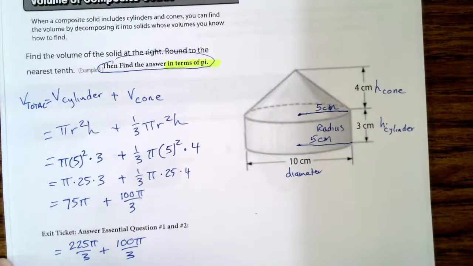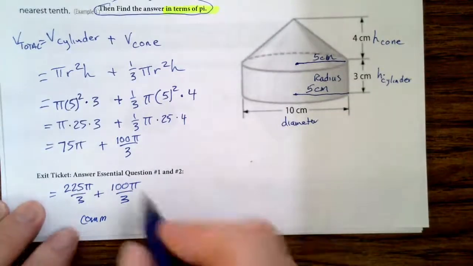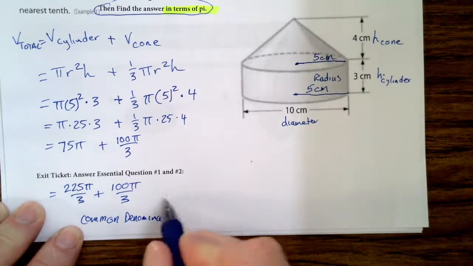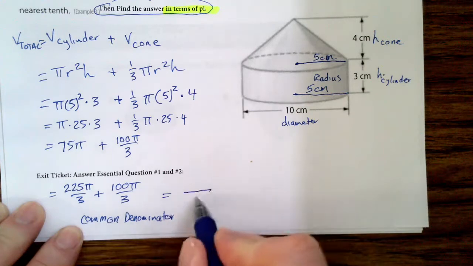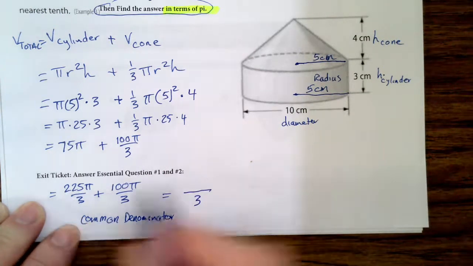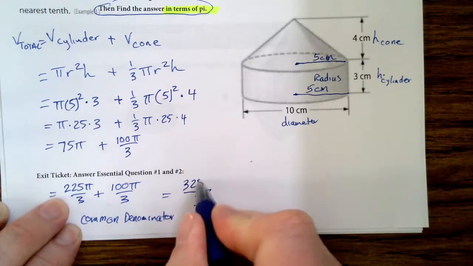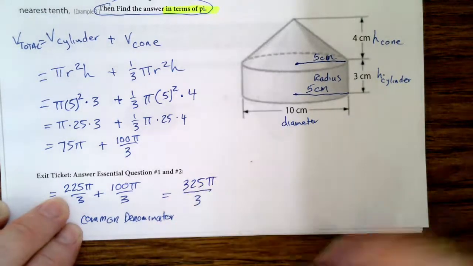Common denominator, yes. Common denominator means that I can put both answers over 3, and then I add the numerator, so I get 325 pi over 3. That's the best answer.